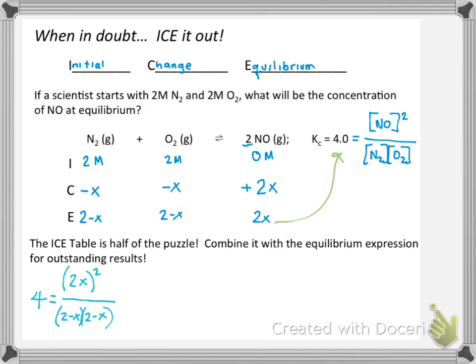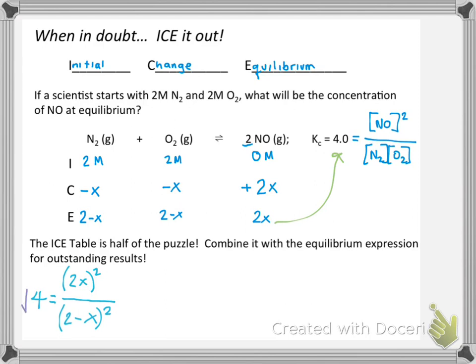This is where it's good to be on your toes, because you can see I have 2 minus x times itself. So I'm going to just change this denominator to be 2 minus x squared. That's nice because it gives us a way out of doing the quadratic equation.